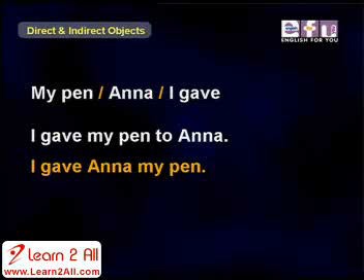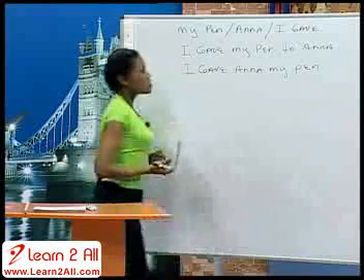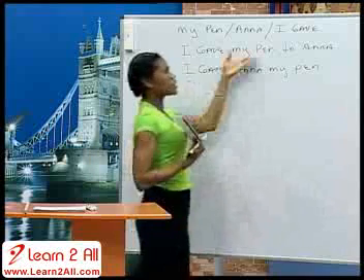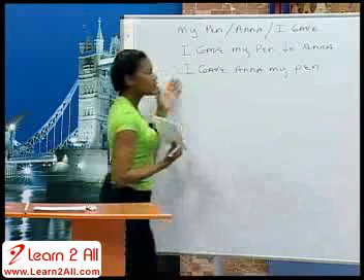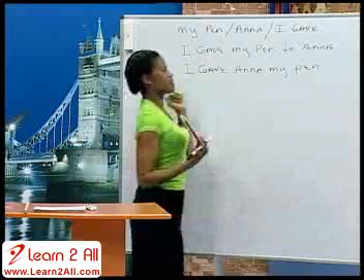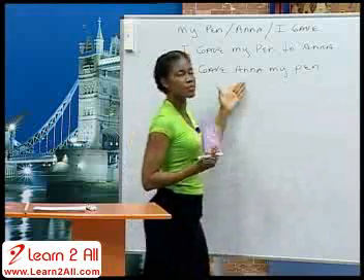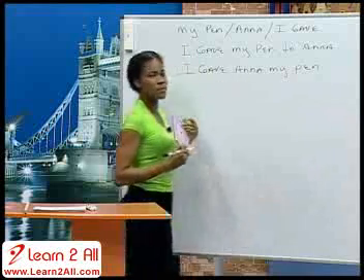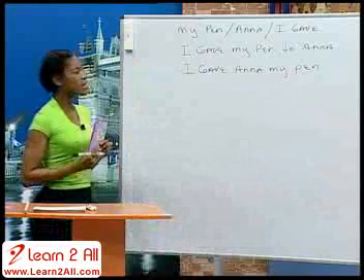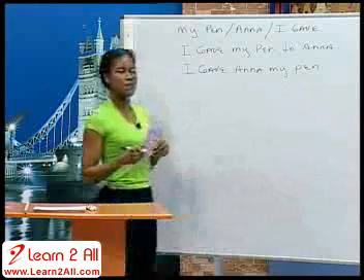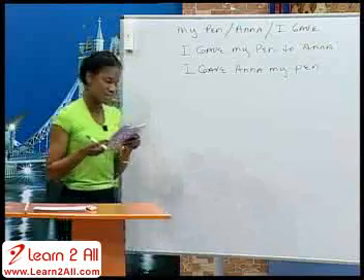So the first sentence puts the direct object first and then the indirect object. The second sentence changes places, so you have your indirect object first and then your direct object. All right. Alberto, can we say I gave Anna to my pen? No, that's very funny. Okay, good.